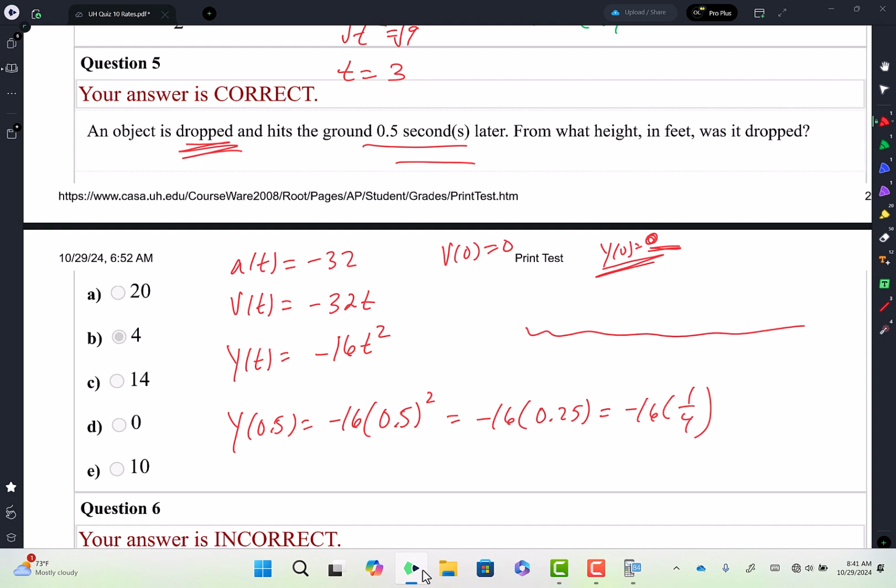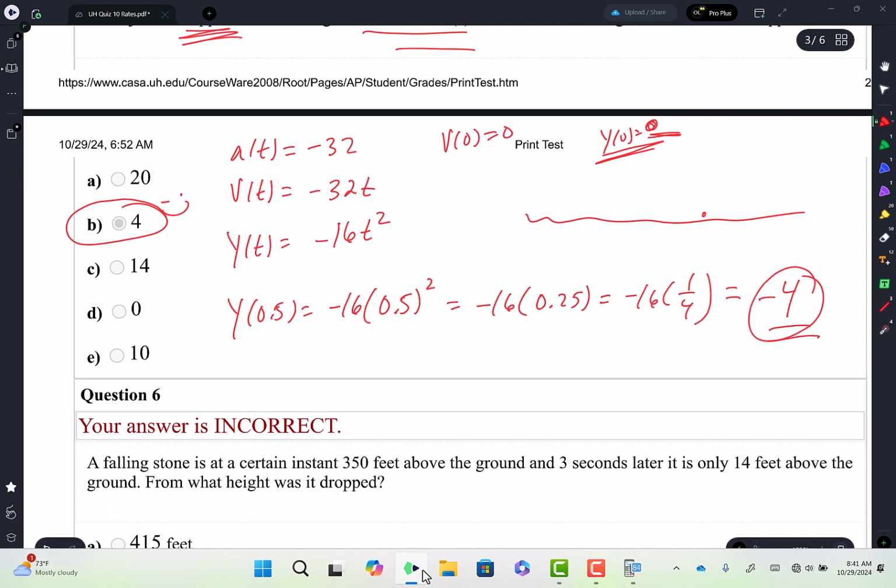So if I count my initial position as 0 and then the floor where it hits, that's negative 4. And what did I tell you? Take the absolute value of negative 4, because that's my position, right? Here's my position 0, that's position negative 4. So my distance traveled is 4. Do we have any questions on that, guys?